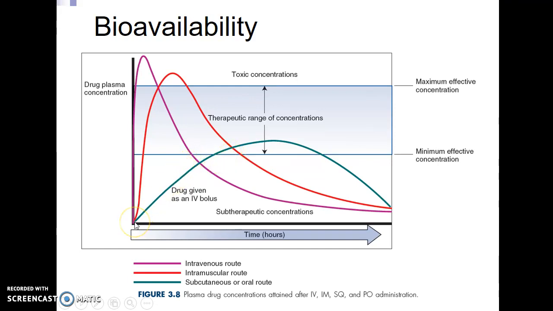And then lastly, giving a drug by subcutaneous or an oral route is going to take longer for that drug to get up to the therapeutic range. It's going to stay in that range for the longest here. We're pretty close to this distance for the IM route, but it's never going to be super high in concentration. So less is bioavailable to the animal.